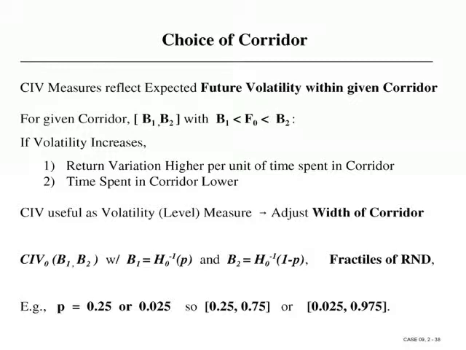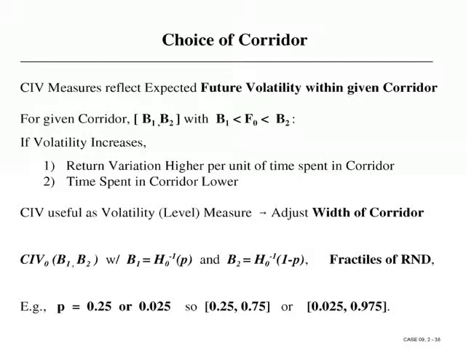Second, you will run out of that corridor more quickly. There's a bigger chance, because volatility is higher, that you will actually move beyond B1 or B2 on one side or the other. And so you're going to get a lower measure because of this, and a higher measure because of that. So that makes it hard to figure out how to calibrate that corridor if you want it to be a fixed dollar amount or percentage amount out on each side of at the money or something like that.